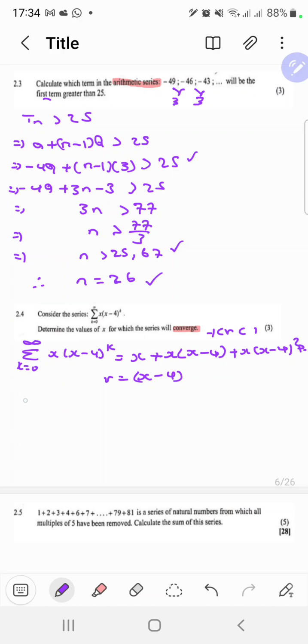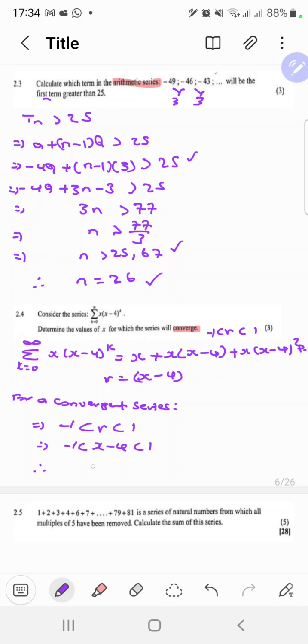So we are saying here for a convergent series, it implies that r must be less than 1, greater than minus 1. This implies, what is r here? X minus 4 must be less than 1, greater than minus 1.